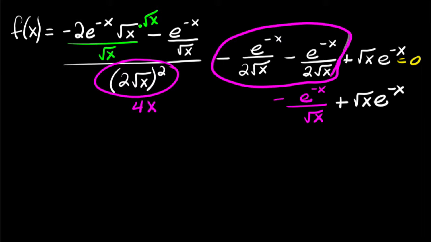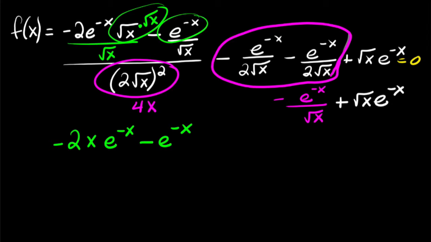And so then what I would get is minus 2 square root of x times square root of x, that equals x e to the negative x minus e to the negative x, right?